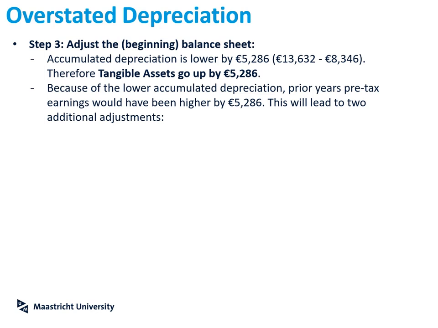Now, this also has some other implications, because what we've done now is we've lowered the accumulated depreciation by 5.286 billion, which also means that over all of those prior years, over those previous 11.5 years, pre-tax earnings would have been higher by this amount. Because if we have lower depreciation expenses and lower accumulated depreciation, expenses in those years would have been lower and our pre-tax earnings would have been higher by this amount.